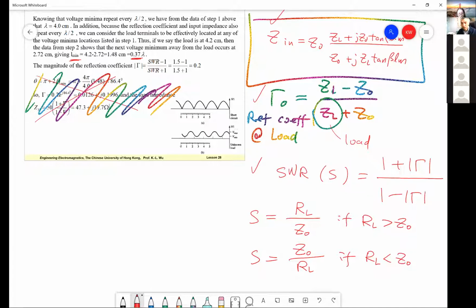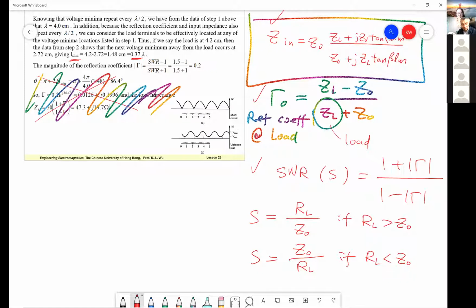Oh, sorry, I still have other material to discuss, but we don't have time. The impedance for every quarter wavelength is reversed, it's flipped. Inductance becomes capacitance, capacitance becomes inductance.